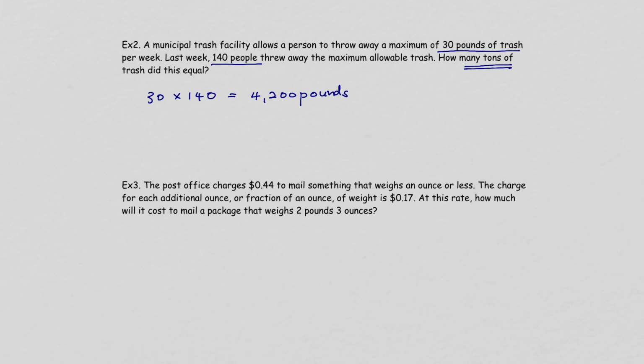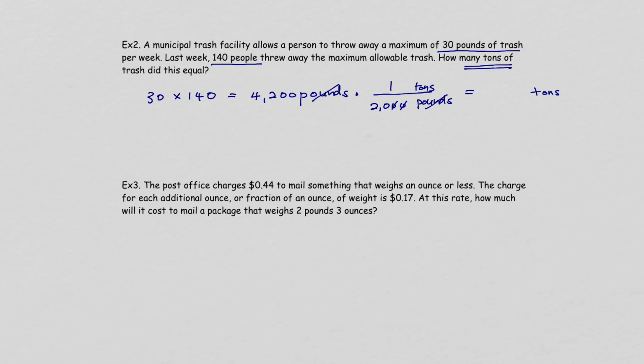But then they wanted to find the tons, so you're going to multiply by the fraction comparing tons versus pounds. So at the end, you will only have tons remaining. Pounds was canceled. And we know the tons to pounds comparison is 1 ton is equal to 2,000 pounds. So you're going to divide.